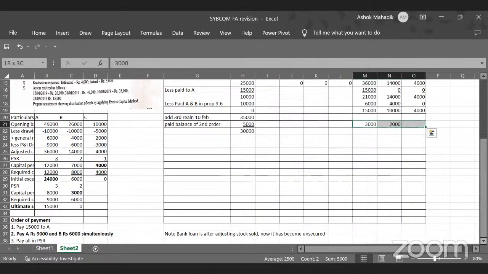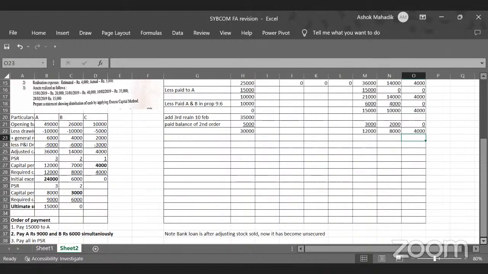And how much will be reduced from their capital now? Out of 15, 3 went, so how much remains? 12,000. Out of 10, 2 went, how much remains? 8,000. And out of 4, 0 went, how much remains? 4,000. I told you, at this spot after the second payment you can verify your answer. If the balance remaining is in PSR, your sum is completely correct.